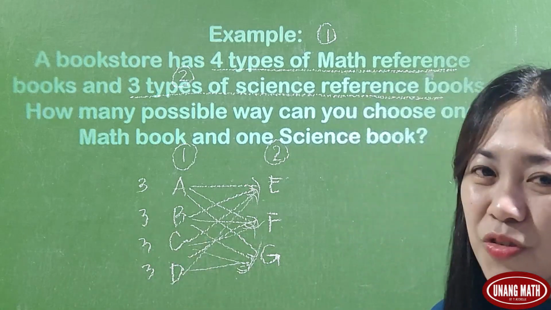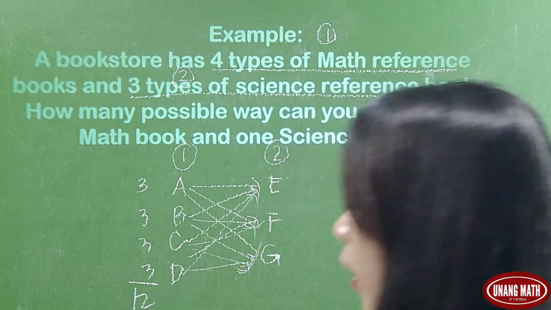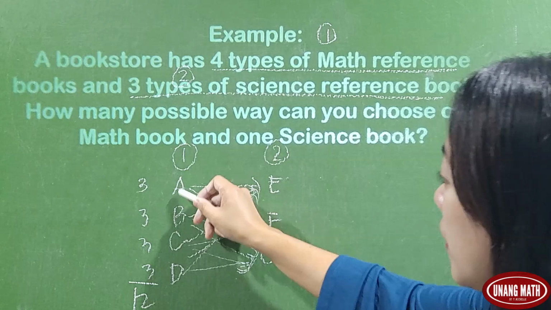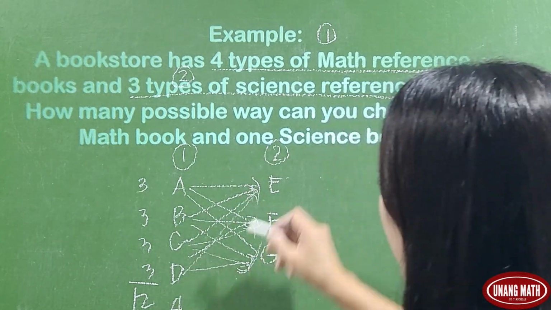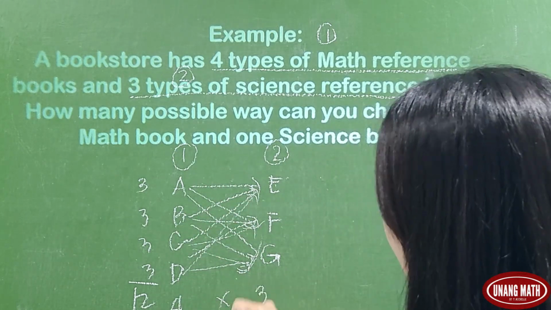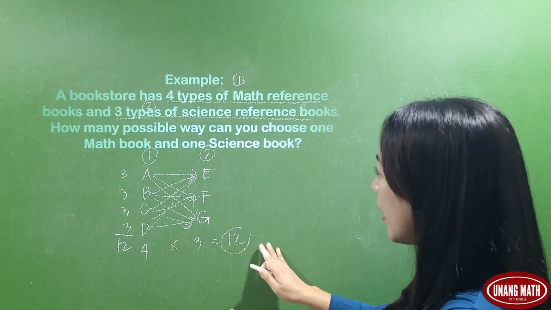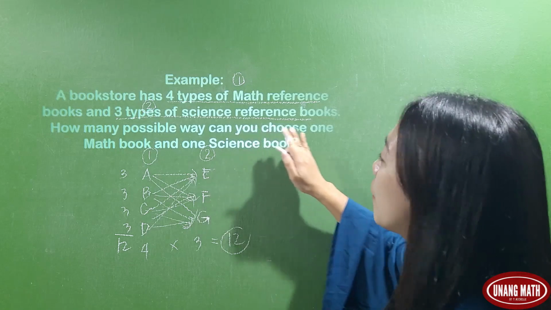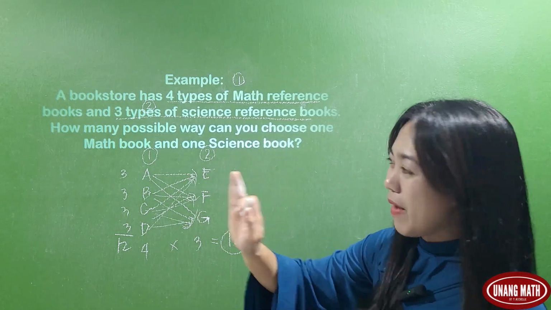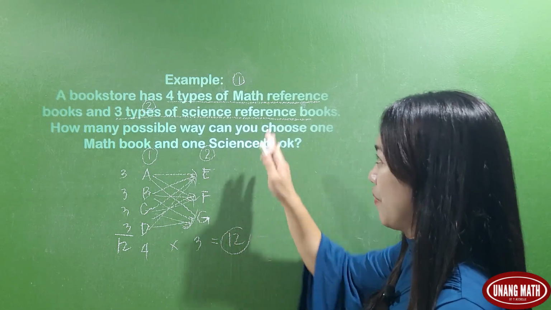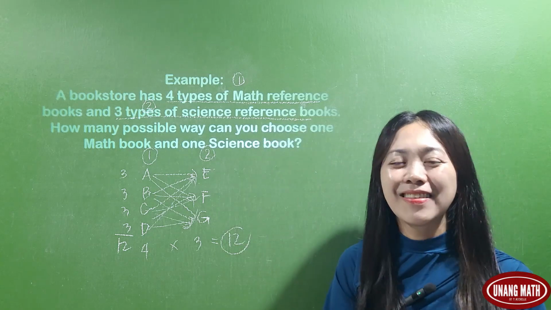So this is equal to 12. Or multiply 4 by 3, and that's going to be equal to 12. So there are 12 possible ways that we can choose one math book and one science book according to this problem.